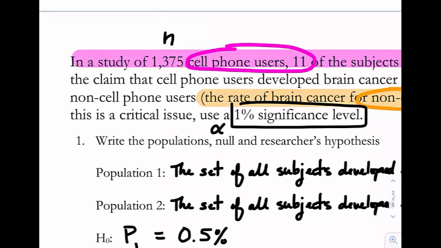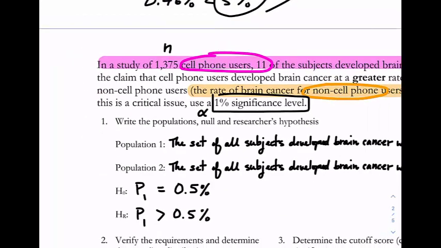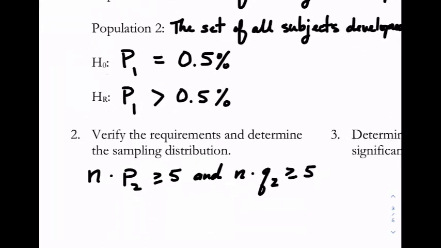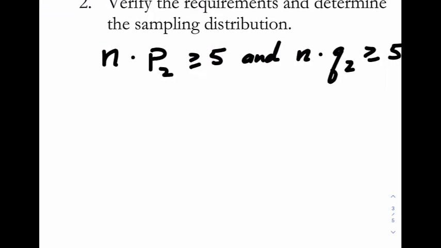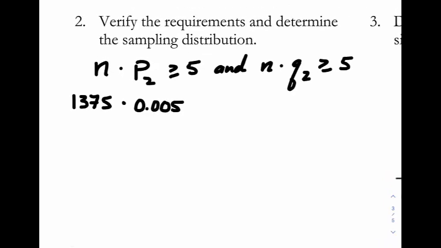So we want that 1,375. That's the n value for the study. But we want to multiply that times the claim, the 0.5%. So 1375 times 0.005 versus its complement, 1375 times 0.995.